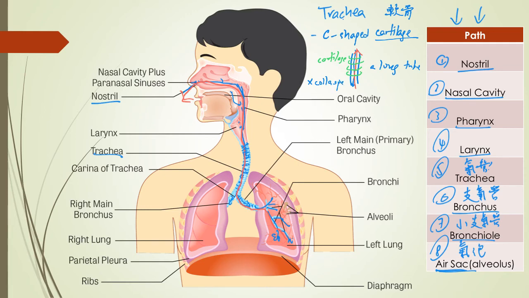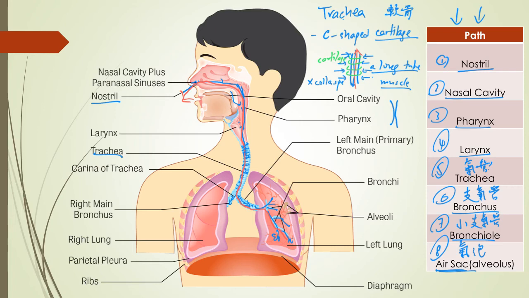Imagine if you're breathing in and out, because this tube basically is made of muscle only. The air pressure may sometimes be too low, so the muscle surrounding the tube may push into this long tube, and eventually the long tube may stick together just like this one. It sticks together because of the air pressure.